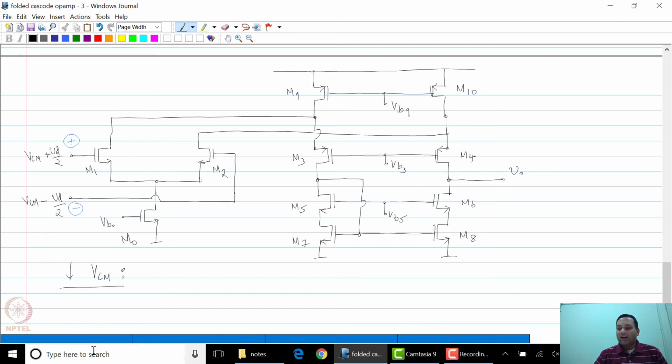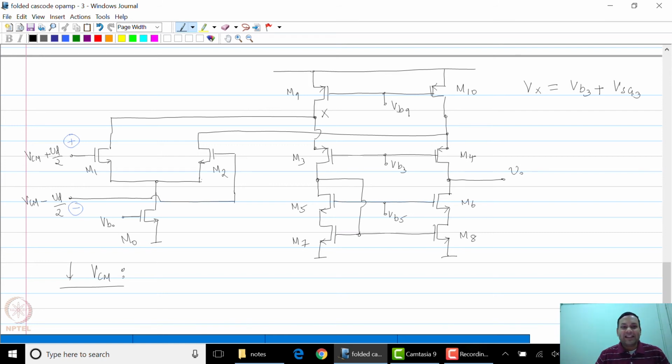What is the common mode at node X, for example? So clearly the common mode at node X, I'll call that Vx, has to be Vb3 plus Vsg3. So the common mode at node X is relatively fixed, because Vb3 is fixed and the currents in the transistors are assumed to be fixed.